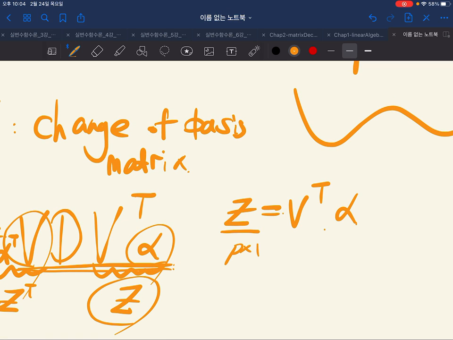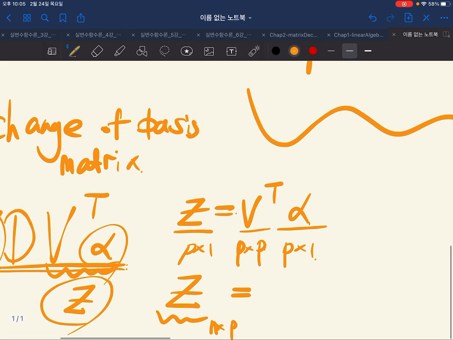So if we think of a design matrix, and this is a p by p matrix, and a design matrix Z of size n by p, its first column is the coordinates of the n data points on the first principal component.